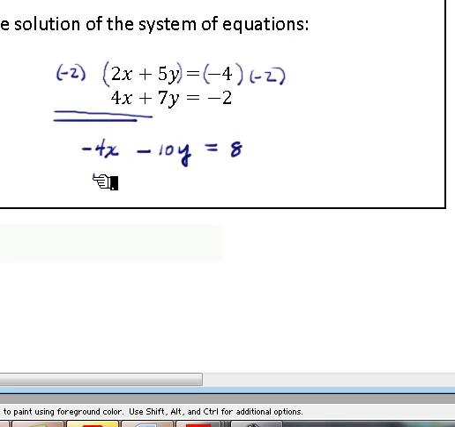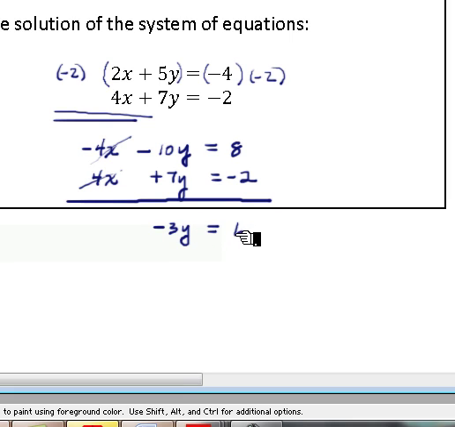And let's write the other equation underneath. And then what we're going to do is just add the two equations together, and we arrange things so that the x's cancel. So here we have a -3y is equal to 6. And let's divide by -3. And we get that y is equal to -2.